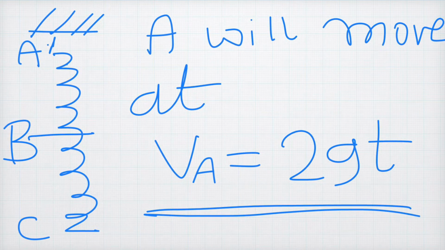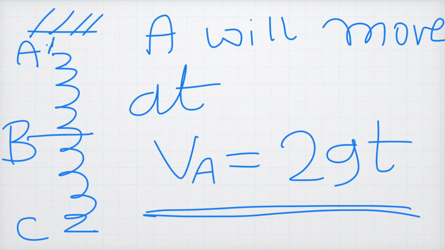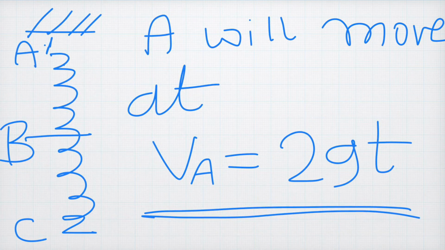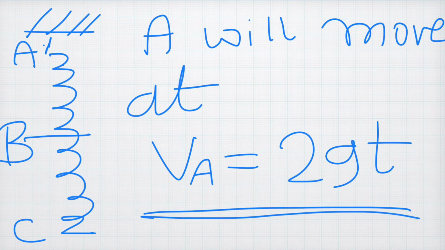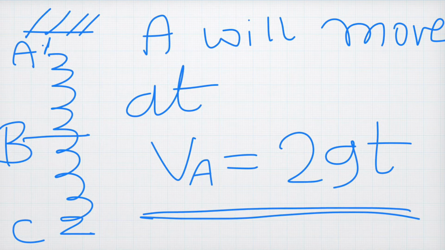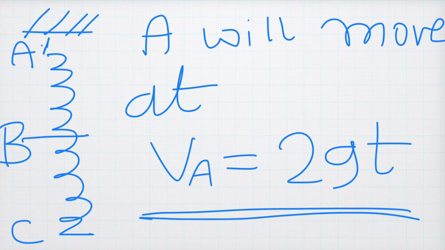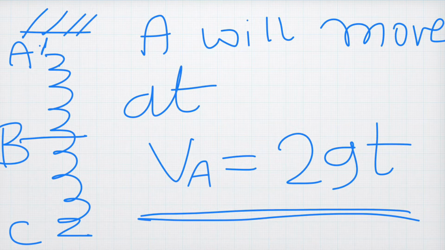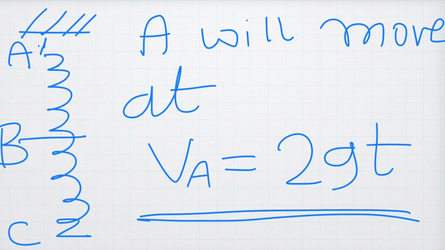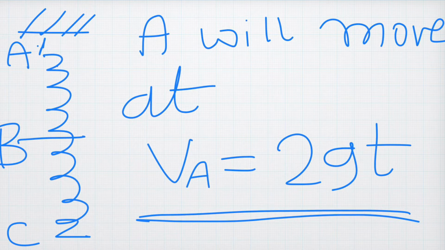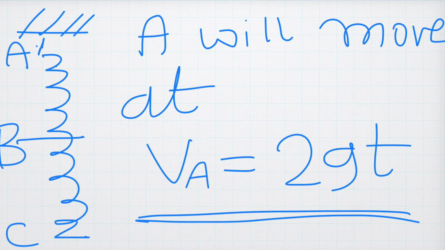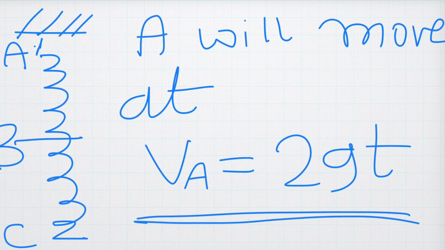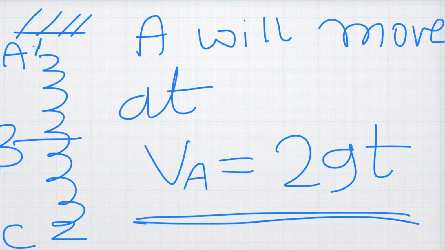Now here is another fundamental point that we have to understand. What about the point A, the cut end at the top? Its velocity is twice that of B, because if B, the midpoint, is moving at velocity gt, A is the other end which has to move at twice of that one, that is VA is equal to 2gt.